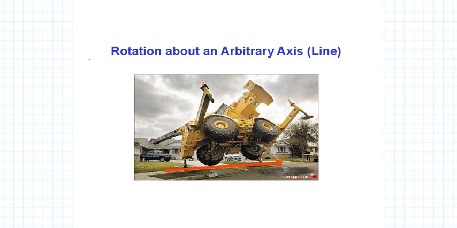So in 3D, rotation can take place with respect to some arbitrary line. So just imagine this vehicle, it should be horizontal to the ground, or it should be grounded properly. Now look into this red line.